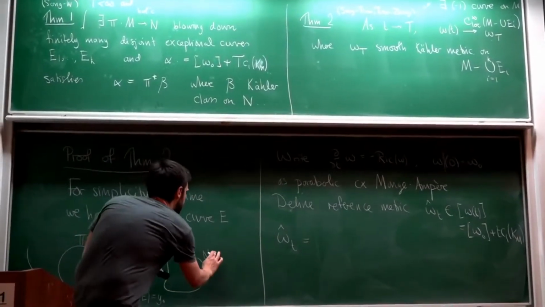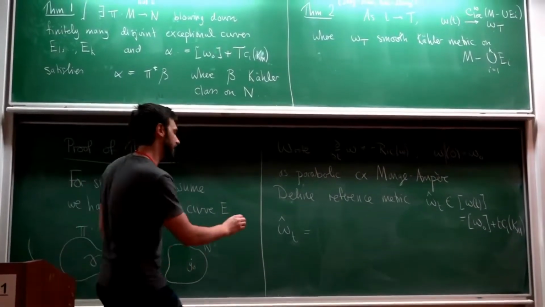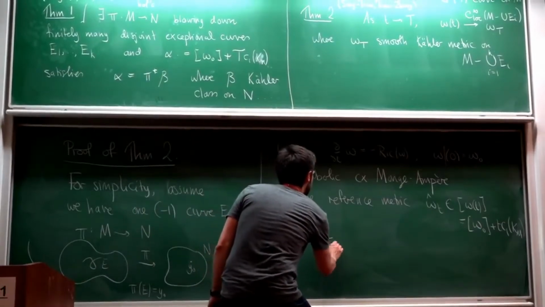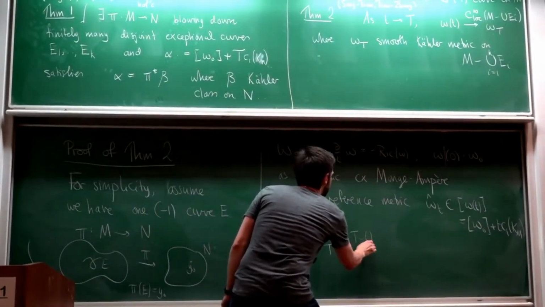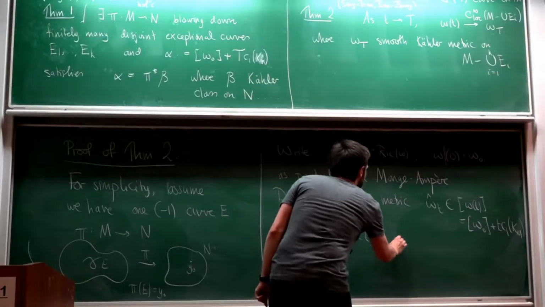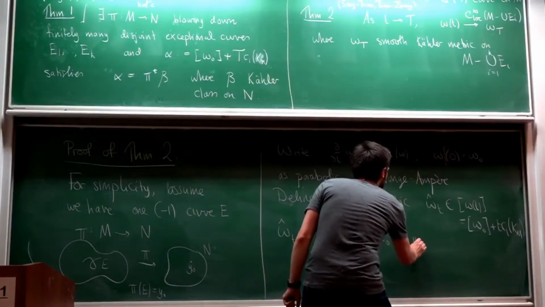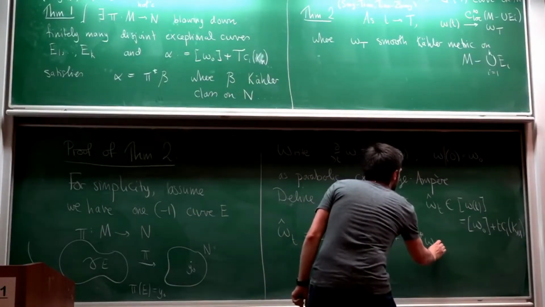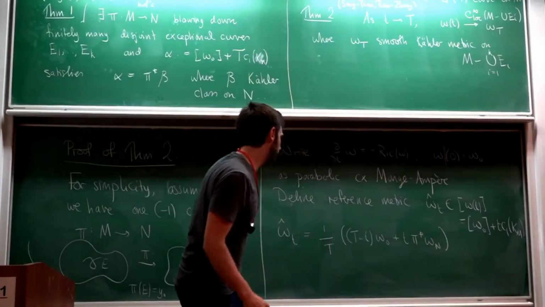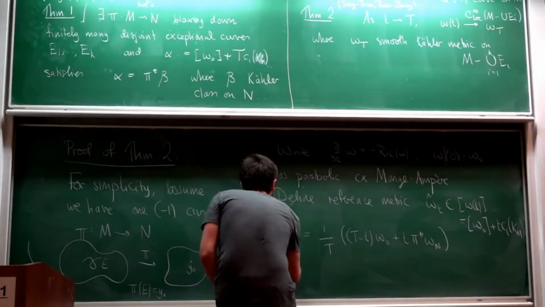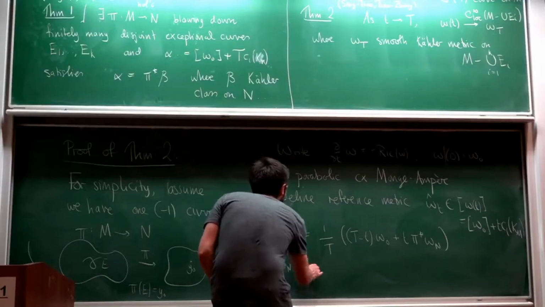I can write this as 1 over T, and then (T minus t) omega naught, plus little t times the pullback of omega n, where omega n in beta is Kähler.